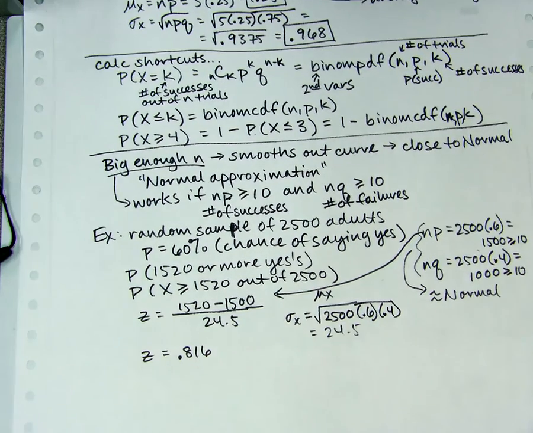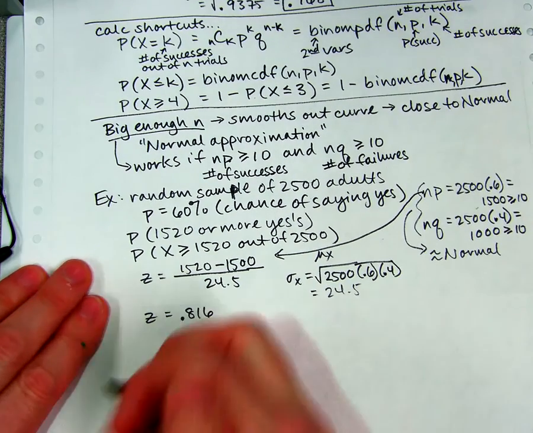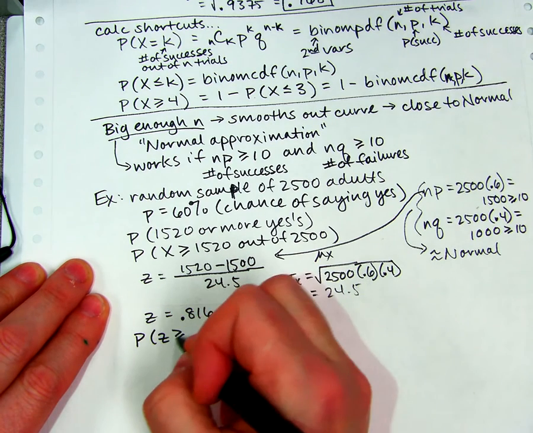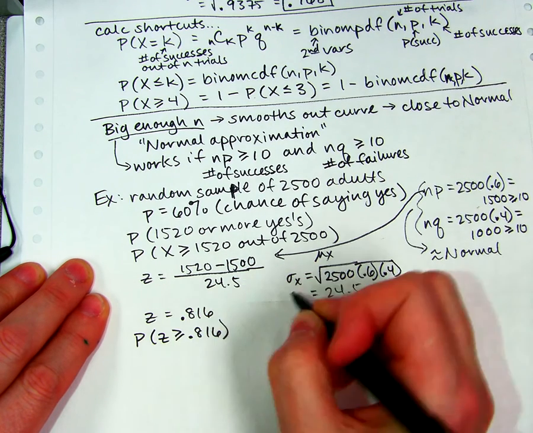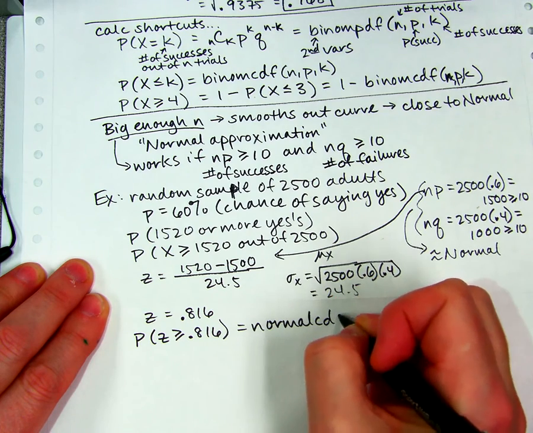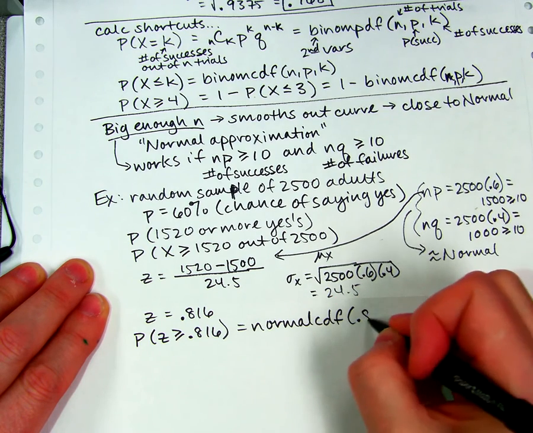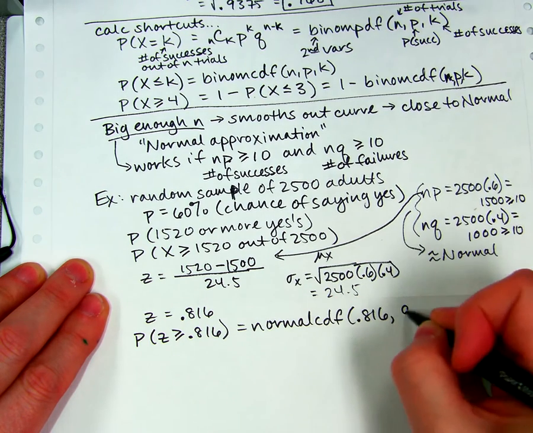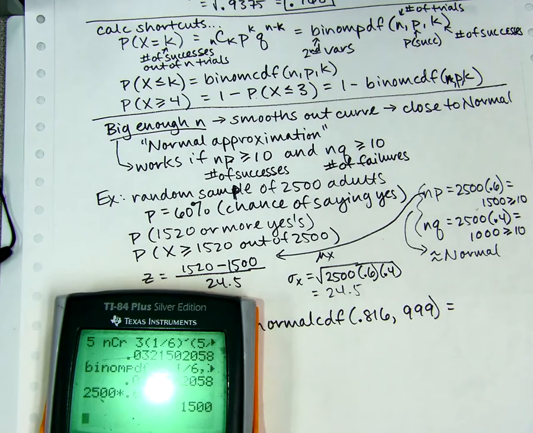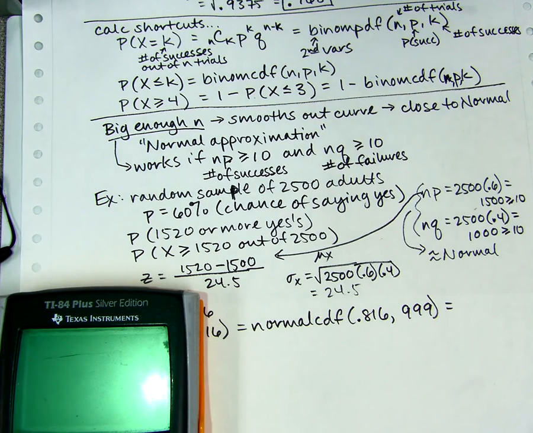And then you could do what we've learned before with z-scores. You could do the probability that z is, we want greater than 0.816. And you could do normal CDF or look it up on the table, either way. 0.816 goes first because it's a greater than, and you get an answer. So let me just make sure that I calculated all of that right. I'm going to recalculate this to make sure that it's right because I just copied it from last year's notes, and that's not very good practice.